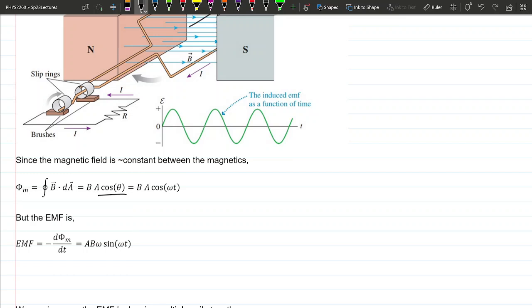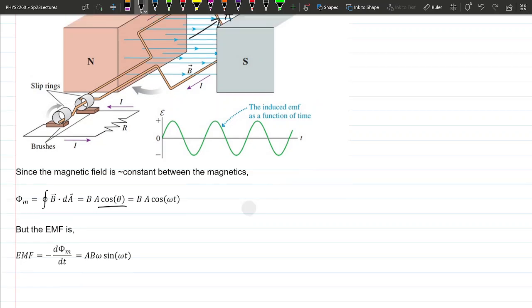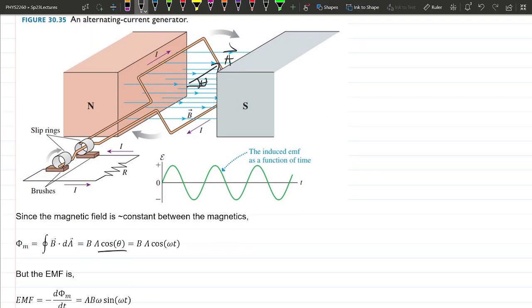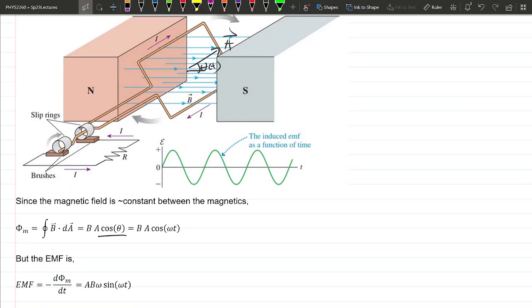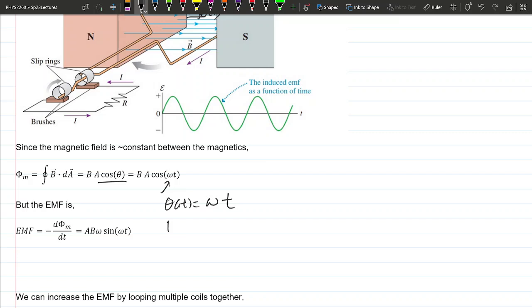Instead of theta, where theta is this angle here, this theta depends on time. It's the angular velocity times the time. This is basically the same thing as distance equals rate times time, the same formula, except in angular form.